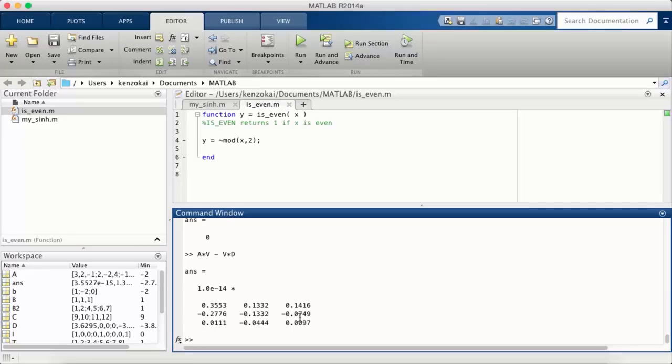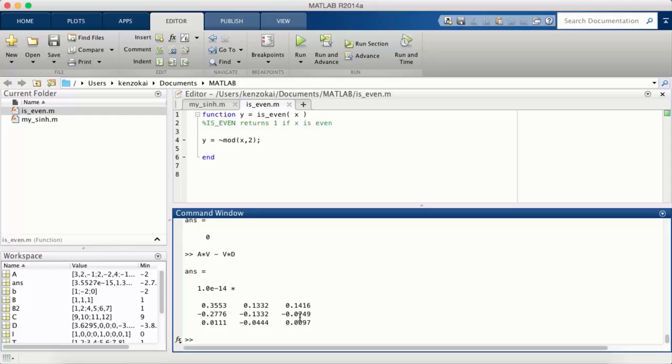Now there are 9 different values in this matrix, so it's hard to tell how big or small it is collectively. So one thing we want to do sometimes when we have vectors or matrices is calculate the distance from the origin. We can do that with vectors. With matrices, we call that the norm.